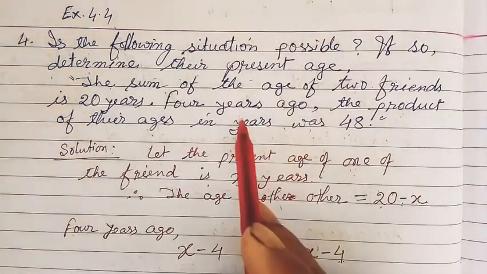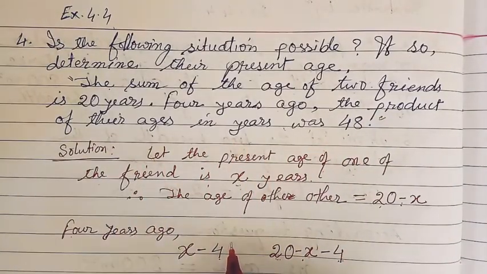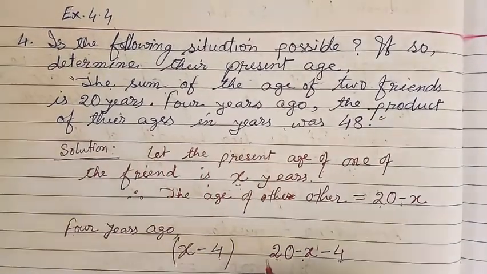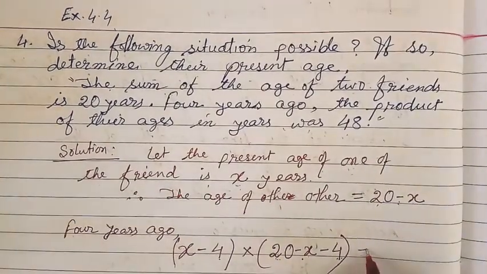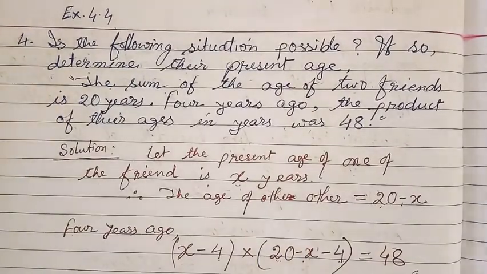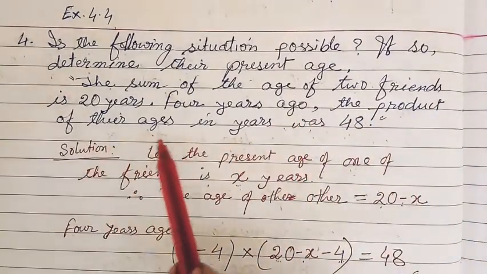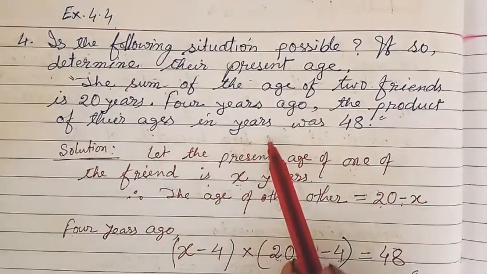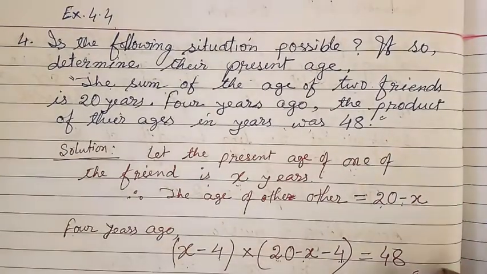4 years ago, the product of their ages was 48. This is the situation from the last line.